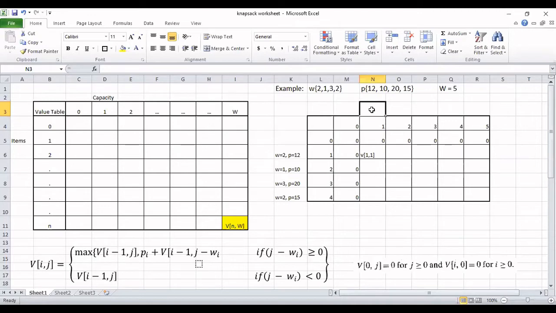No. So just look at the equation: if J minus Wi is less than 0, then we take its previous value. What is its previous row value? 0. So we take its value as 0.